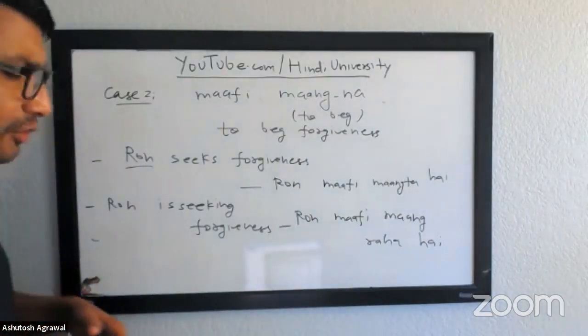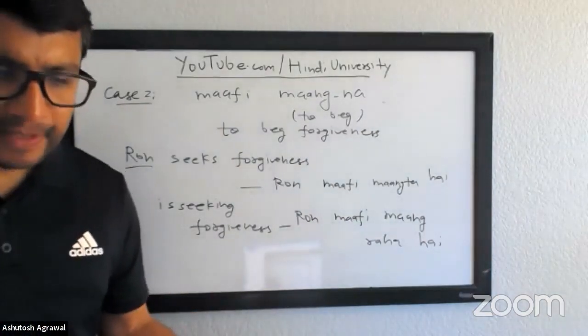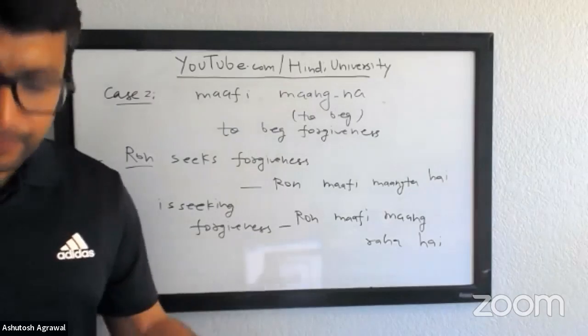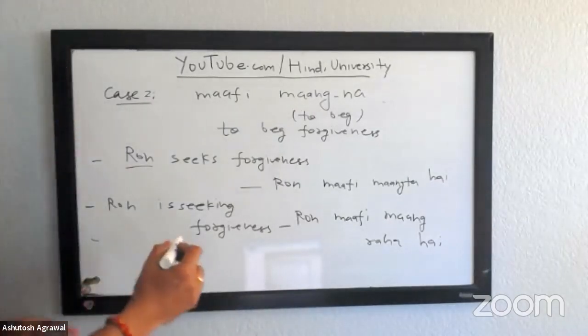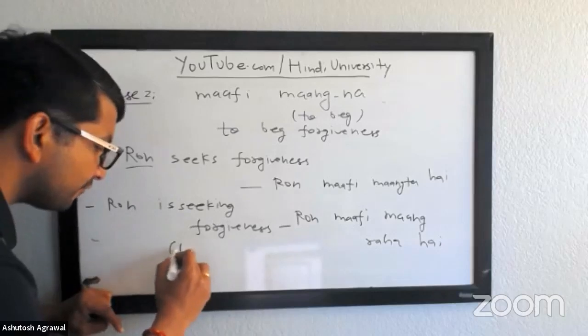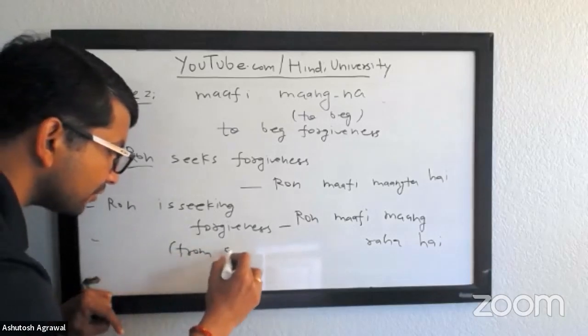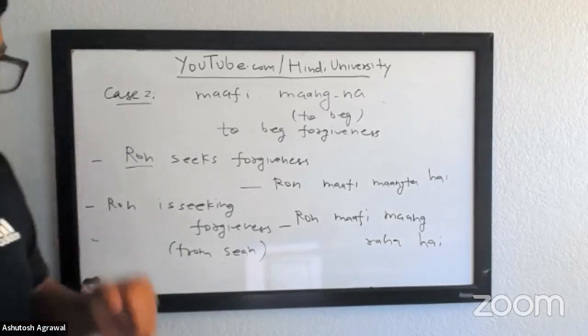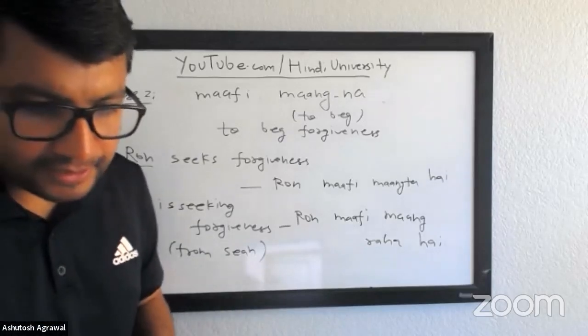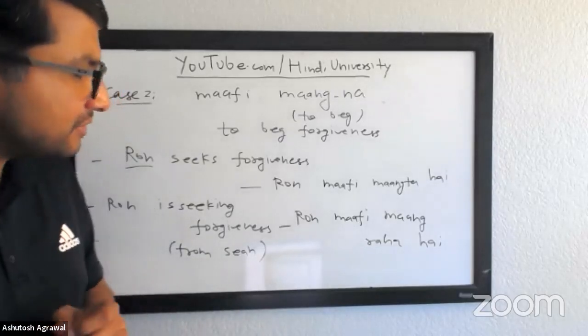Okay. Typically, when you're seeking forgiveness, you are seeking forgiveness from someone. So let's say you want to say this. Ron is seeking forgiveness from Sean. How will you say that? Ramchandranji, you want to try this out?